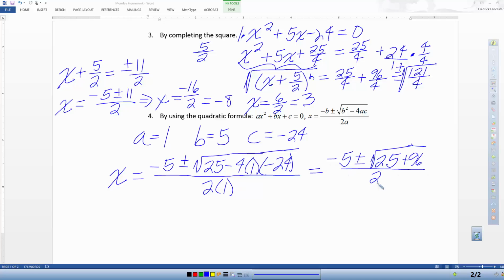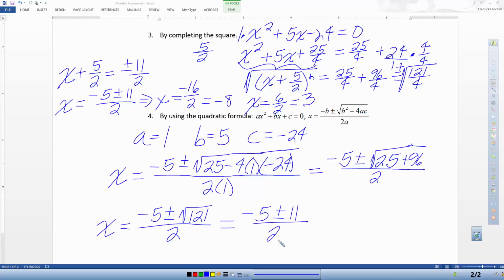So x equals negative 5 plus or minus the square root of 121 over 2. And that will turn out to be the same two answers we had before. So the square root of 121 is 11. So that gives us x equals negative 8, or x equals positive 3. And that concludes this video.